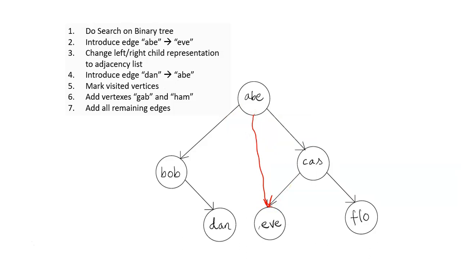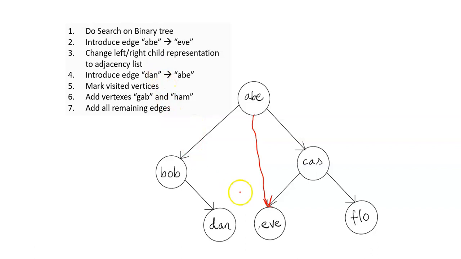Okay, so now what we have is no longer a binary tree because node Abe has more than two children. So at this point, we're going to change the representation we are using for the binary tree from the left right child representation to using an adjacency list.